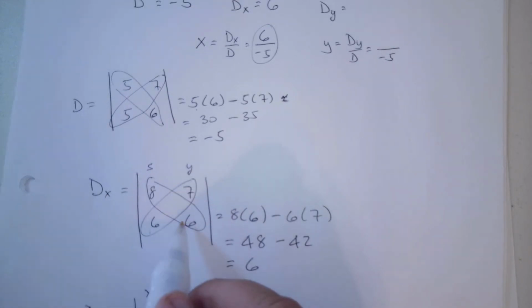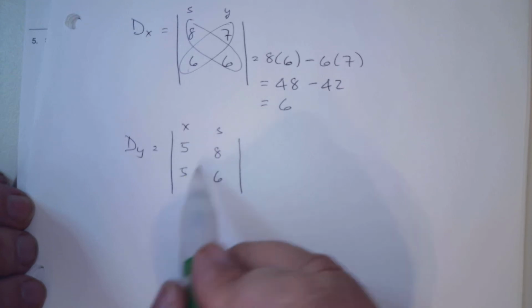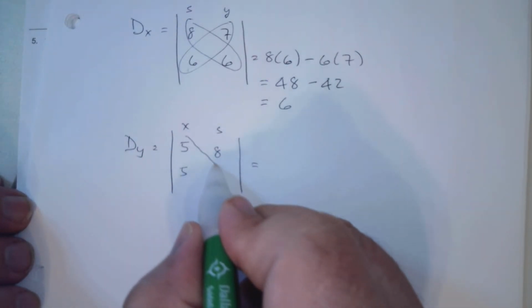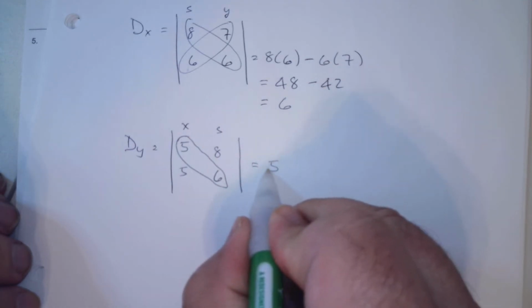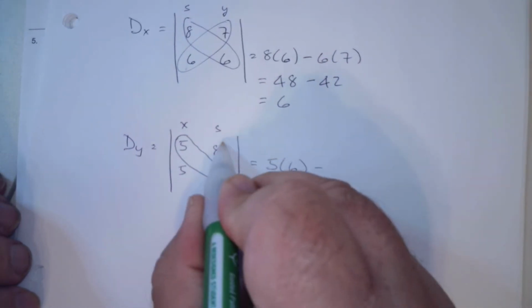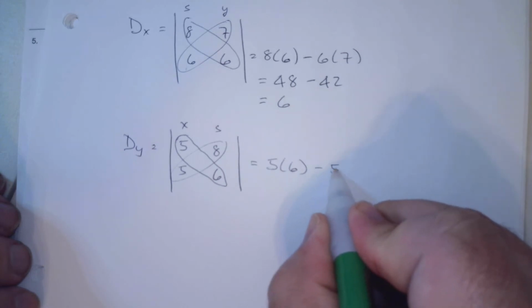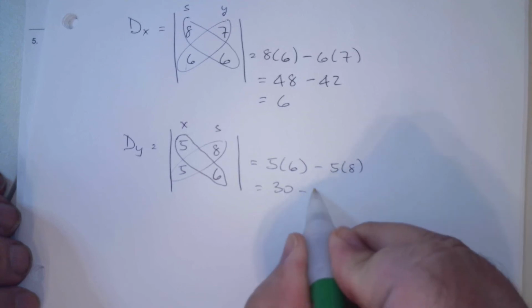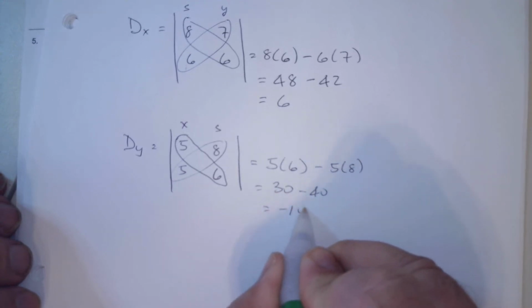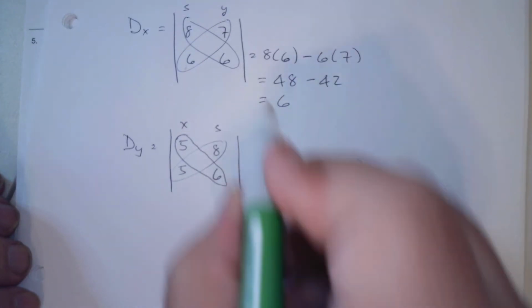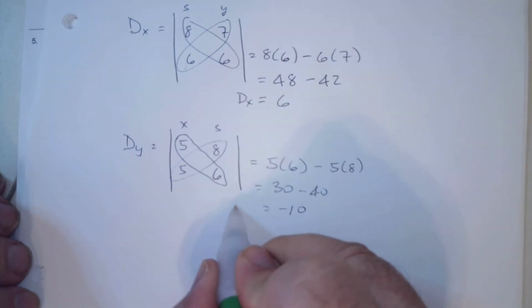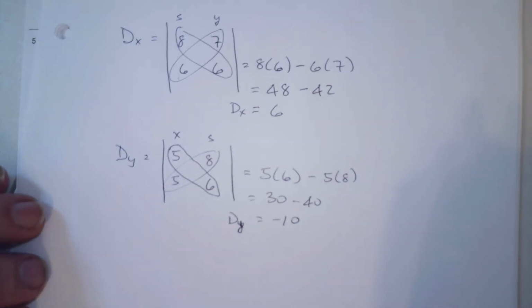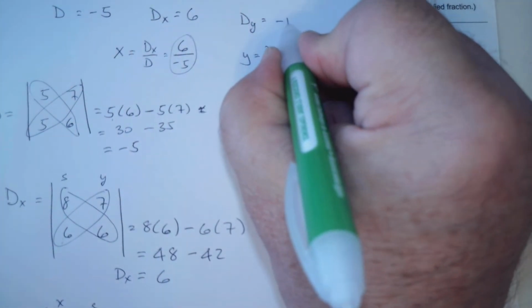Leave the y alone. For dy, leave the x alone, solve for y, and put the solution on y. So we have 5 times 6 minus 5 times 8. 30 minus 40 is negative 10. That's dy. So dy is negative 10.